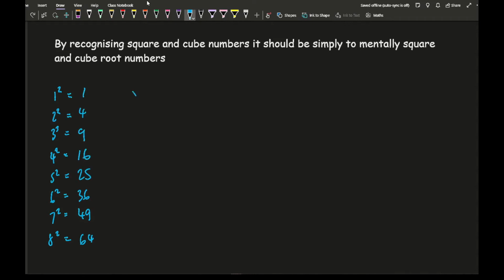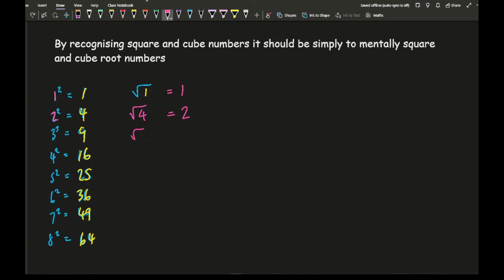Then the square root of these numbers, let's put in another colour. The square root of 1 is going to return the number back to its original base number, which is 1. The square root of 4 is going to be 2.